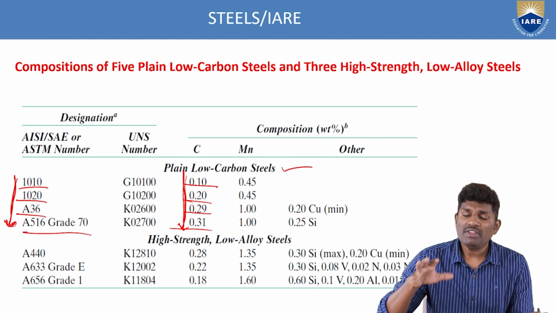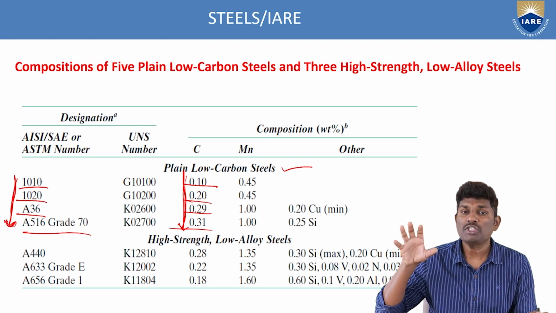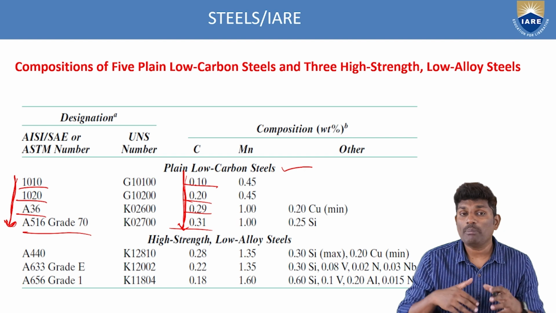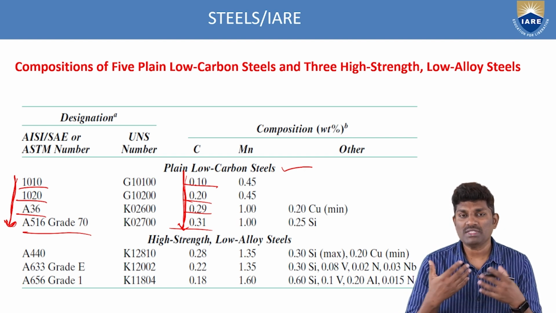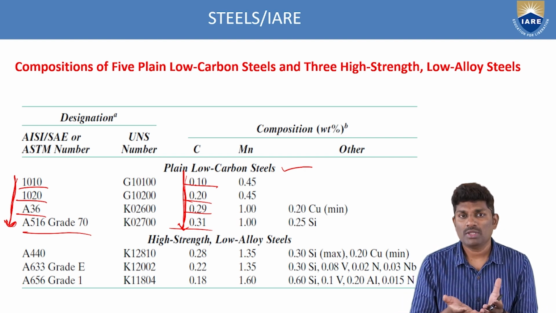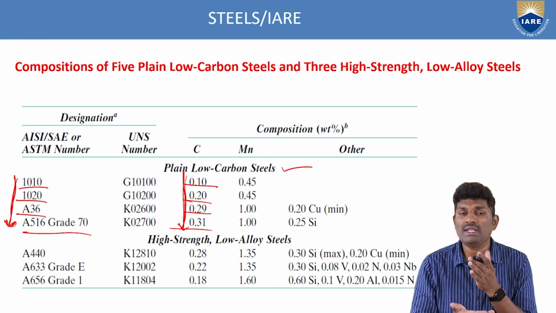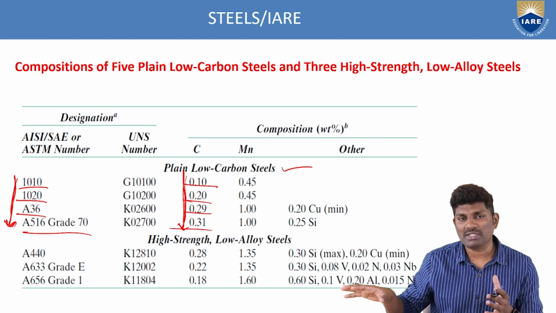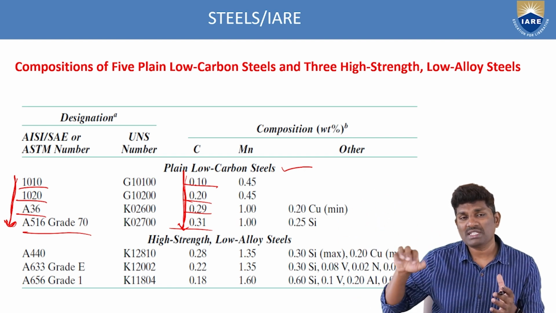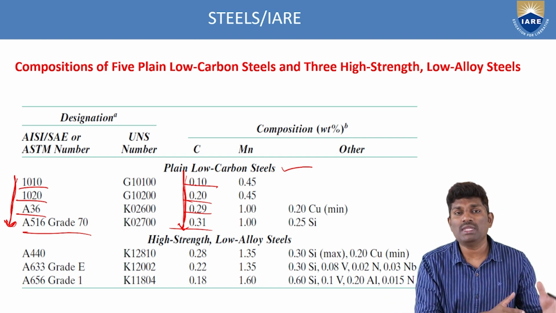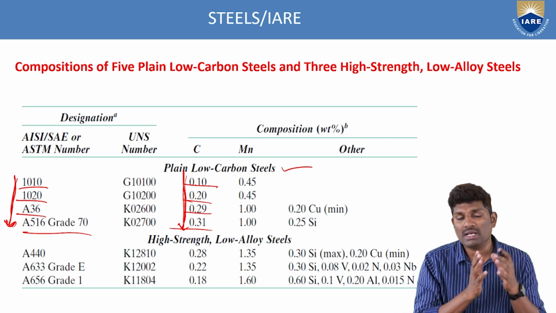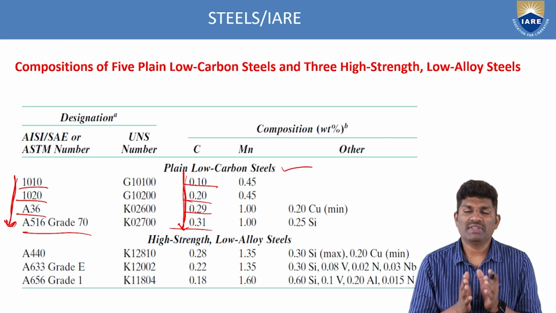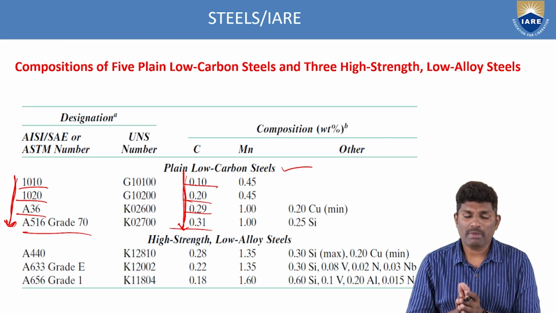So whenever you are selecting any material, first you have to know the composition. After knowing the composition, the mechanical, physical or chemical properties can be identified. Once you know the properties, then only can it be applied to the required applications. You have n number of applications, so how to select the exact material for them? If you know the exact composition, then it is very easy for us to apply that material.